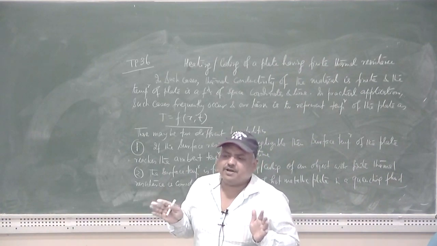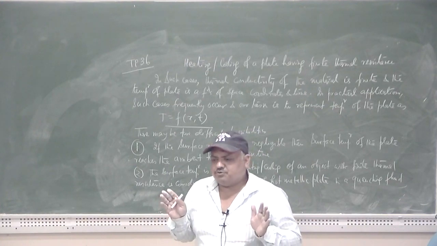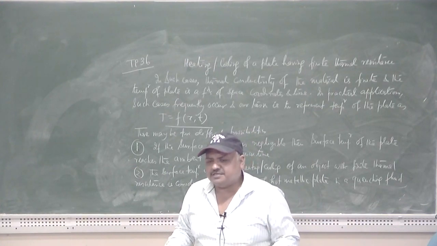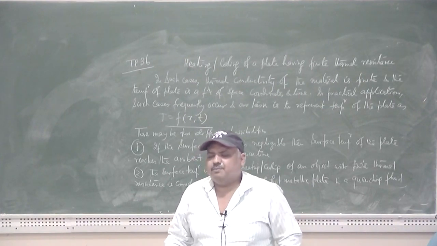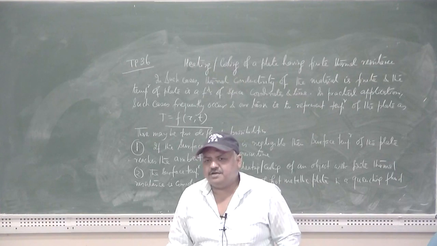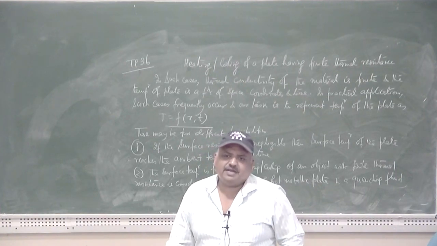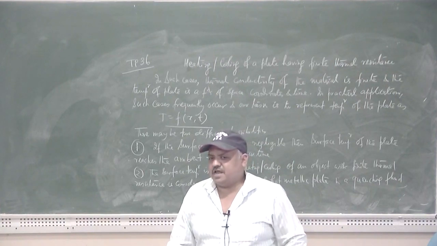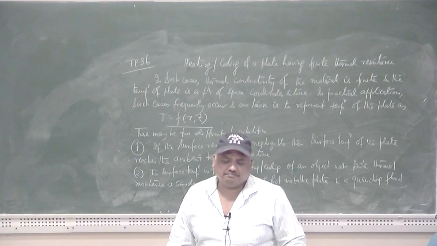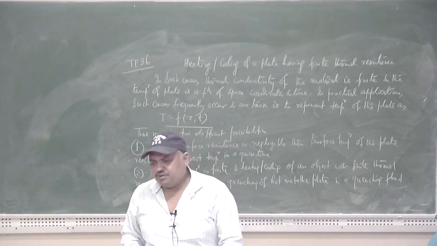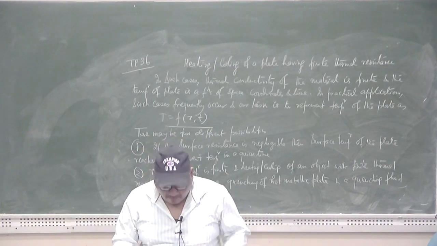After that you have to set up the initial and boundary conditions, and solve the differential equation with their help. You will find that the temperature of the plate is all the time a function of space coordinate and time. That is our main aim for today's class. So, let us formulate the problem first.